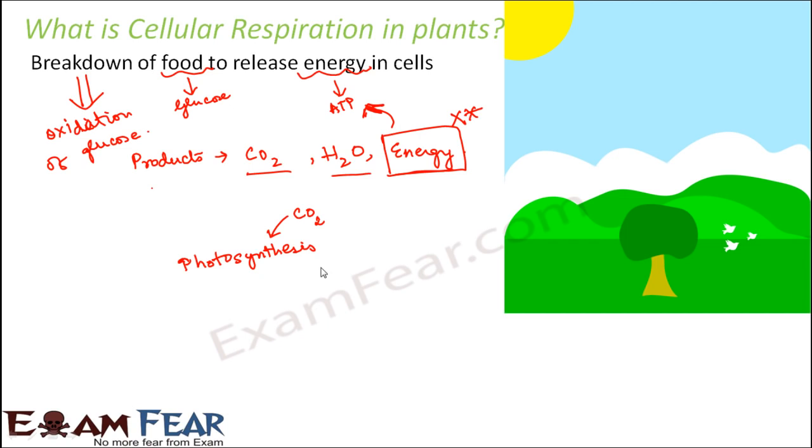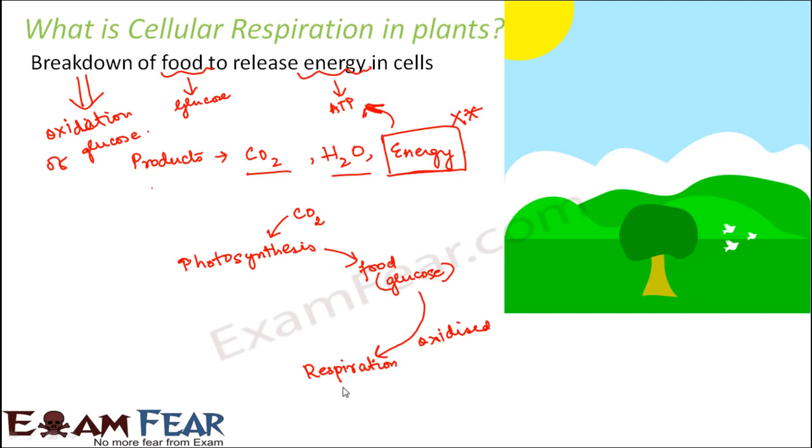Then they prepare food in the form of glucose. Now this glucose which is prepared will be oxidized as a part of respiration. This process of oxidation of glucose is known as respiration.